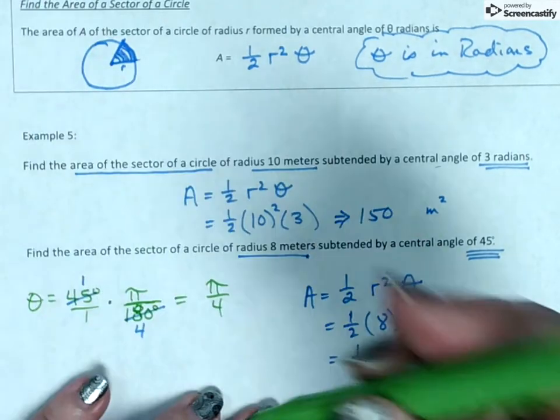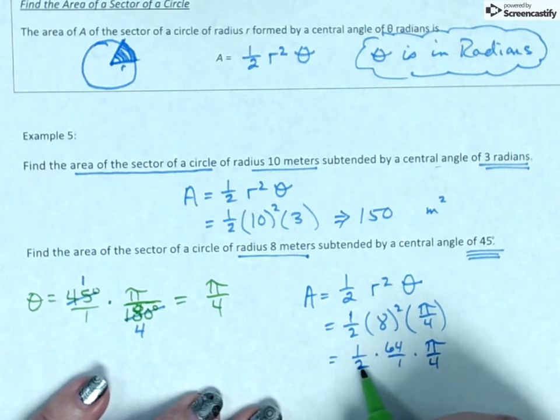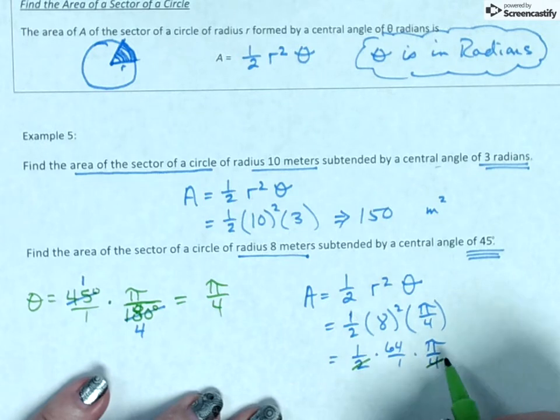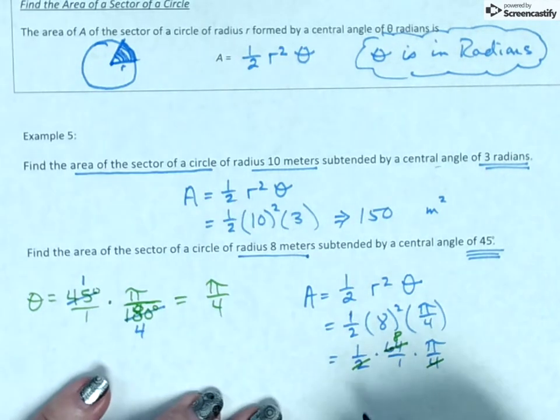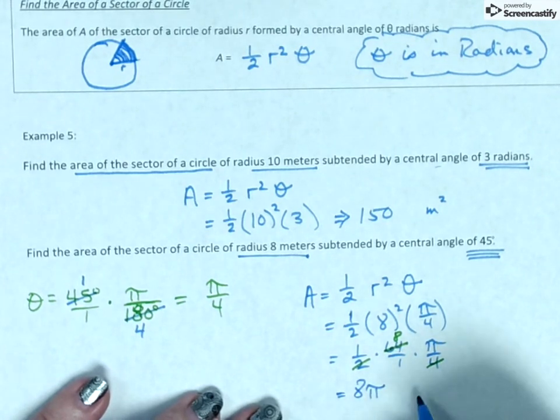We're going to do some simplifying. The 2 and the 4 can cancel, going into 64 8 times. So we have 8 pi meters squared as our actual area. That's the exact answer.